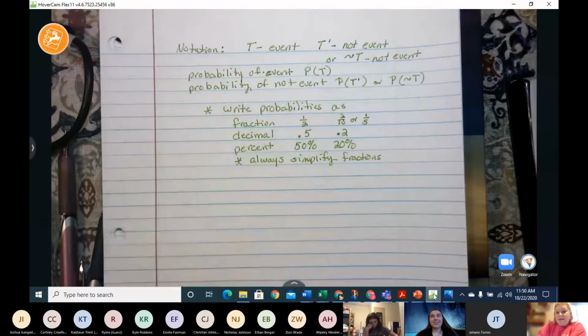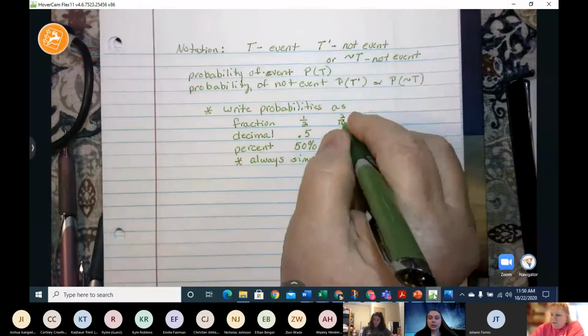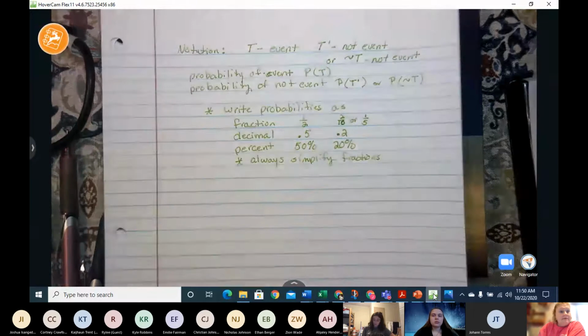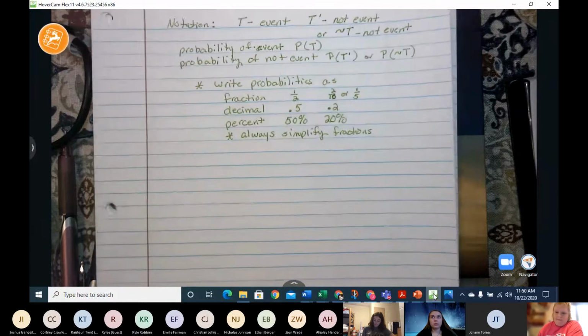So if you're a little rusty in that area, you might want to spend some time on your own going back and building those skills up a little bit. Now, let's look at a couple of more percent problems. Just simple percent.